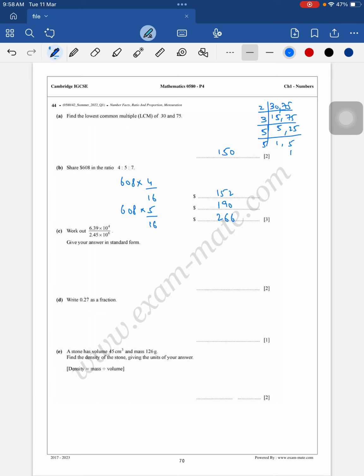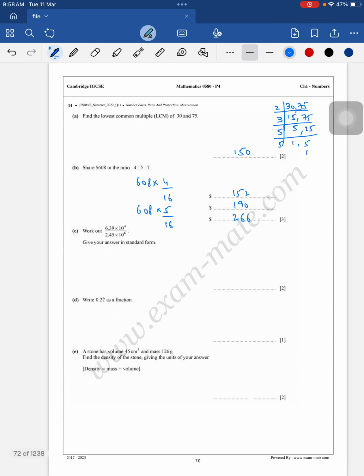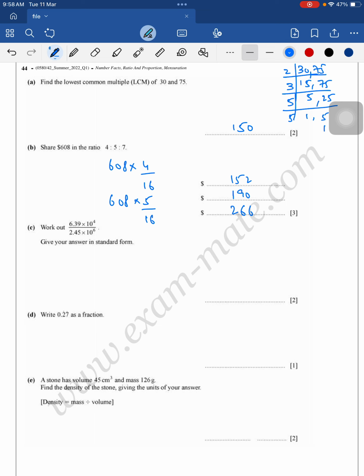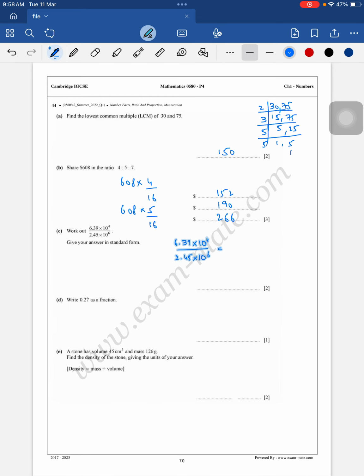Okay. Part C is work out 6.39 x 10^4 upon 2.45 x 10^6. Give your answer in standard form. So very simple. We can directly divide 6.39 x 10^4 by 2.45 x 10^6 since it's paper 4, so the calculator is allowed, right?